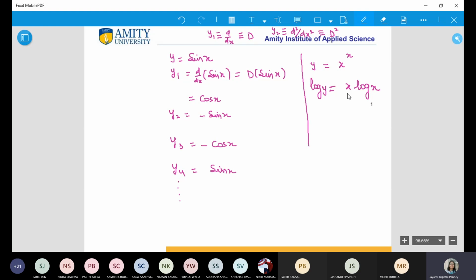Now we can differentiate. So it is 1 by y dy by dx is equal to x by x, that is 1 plus log x. So dy by dx is y into 1 plus log x.